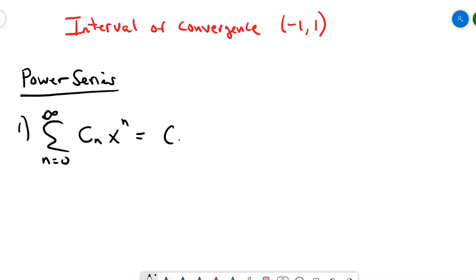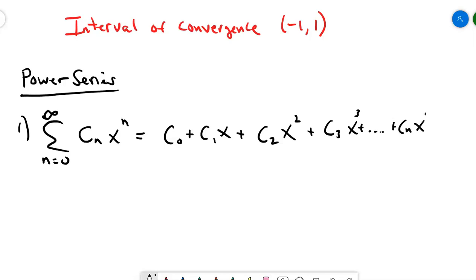It looks like c sub 0, right, because x to the 0 is just 1, plus c sub 1 times x, plus c sub 2 times x squared, plus c sub 3 times x to the third, and this thing keeps going until I get to c sub n x to the n, and it keeps going past that, all right? Those c sub 0, c sub 1, c sub 2s, those are the coefficients. What are the coefficients? Well, it depends on the series. You tell me the series, and I can tell you what the coefficients are.